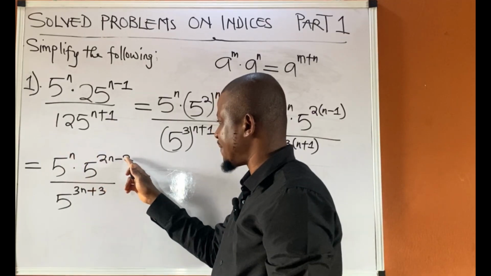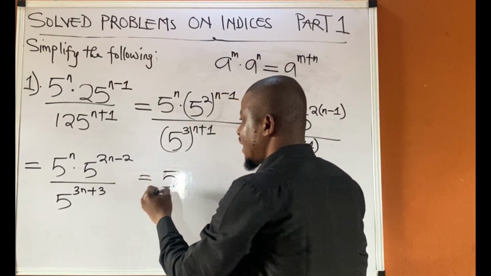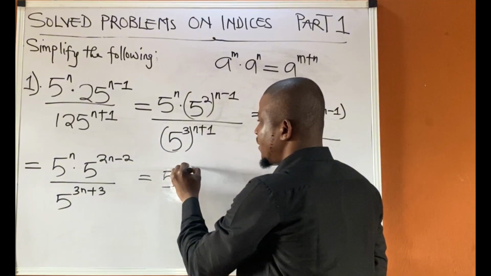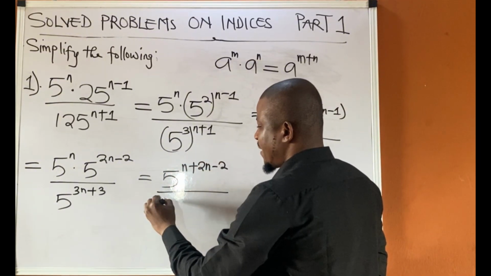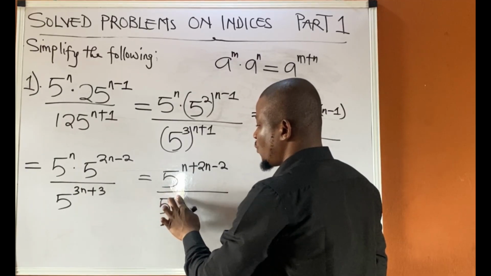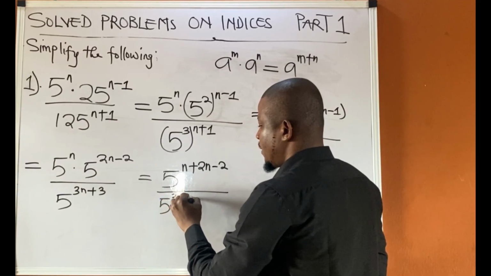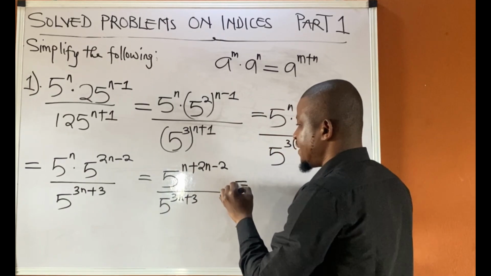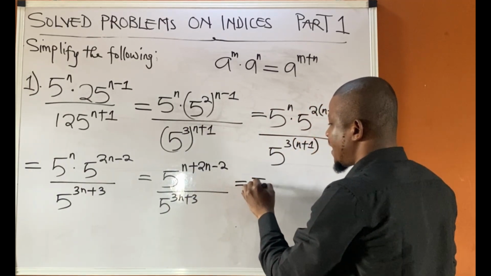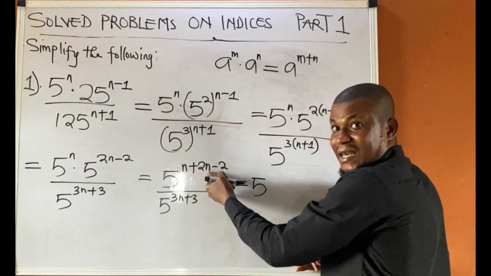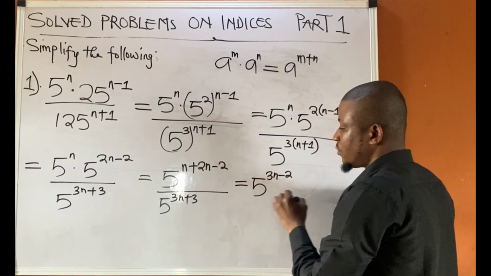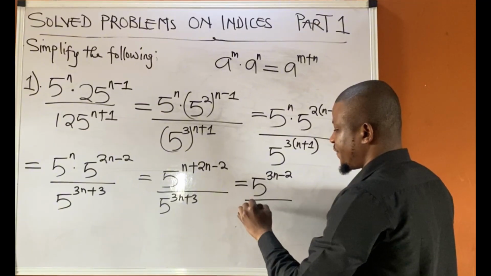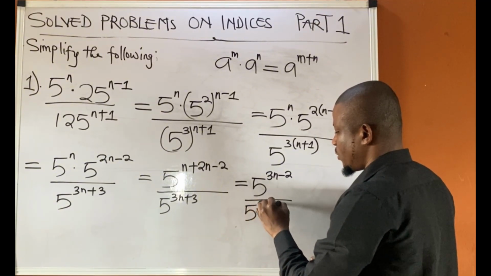So we take one of the base and add the powers. So we have 5 to power n plus 2n minus 2, all divided by 5 to power 3n plus 3. Let's simplify the power here. n plus 2n is 3n, minus 2, divided by 5 to power 3n plus 3.